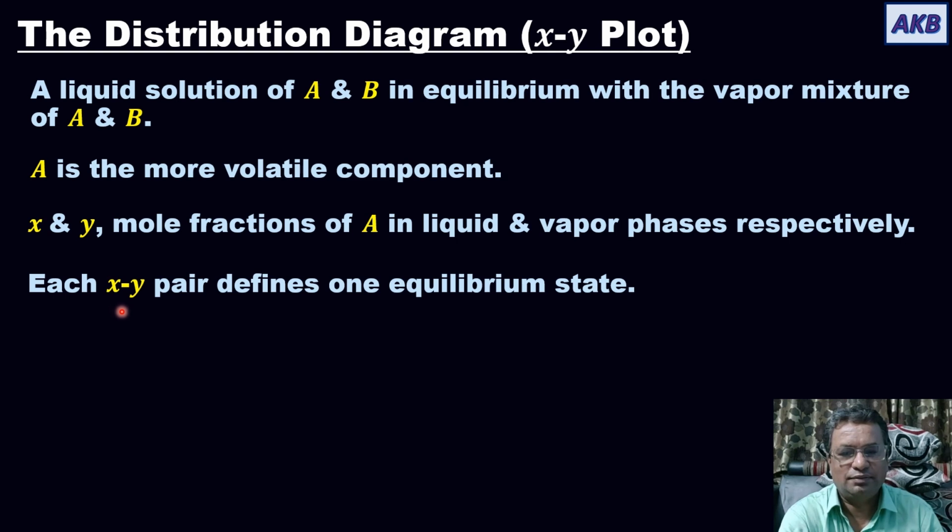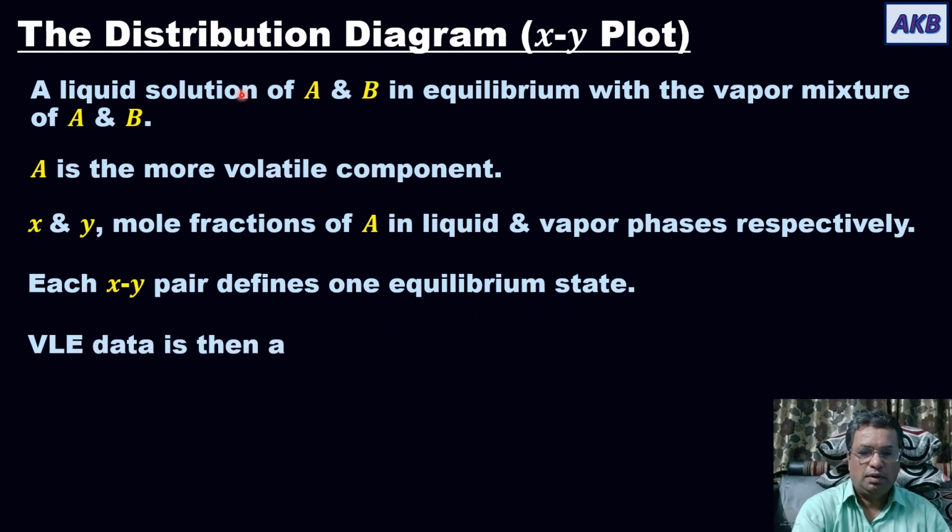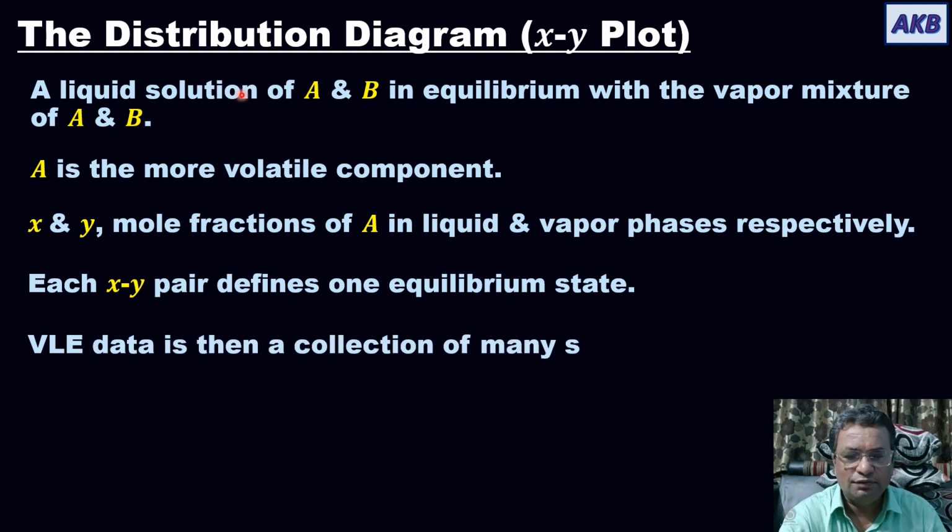Each such XY pair defines one equilibrium state. VLE data, which is nothing but vapor liquid equilibrium data, is then a collection of many such pairs. So each pair in that VLE data defines an equilibrium state.